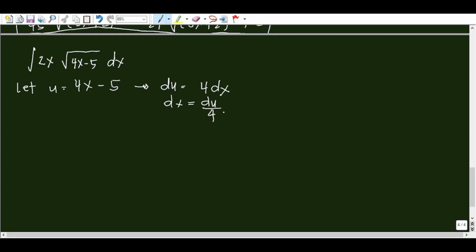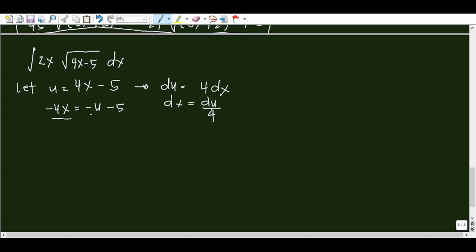Ma'am, paano nakuha yung du over 4? Arithmetic lang, i-divide mo lang both sides by 4. Then, we take the value of x in terms of u. So, that will become now, sige, ipakita na lang din long cut. So, kaya gusto ko na yung aking variable x ay dito sa left. So, itatranspose ko siya. Negative 4x, that is equal to, itatranspose ko din si u, magiging negative u minus 5.